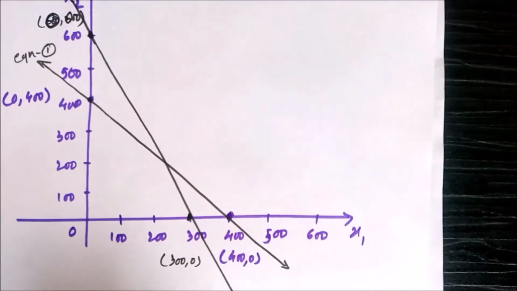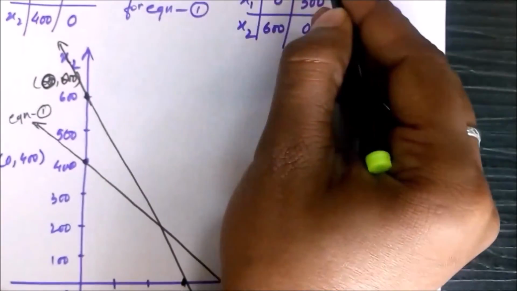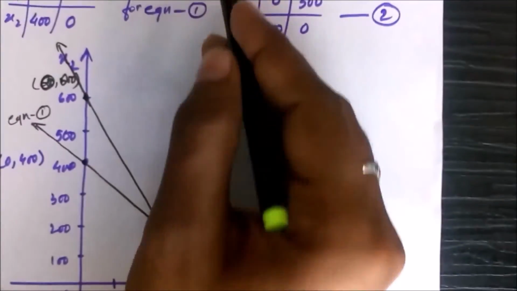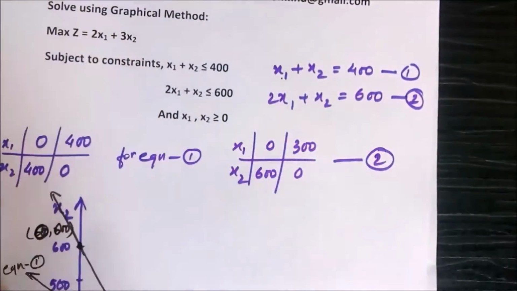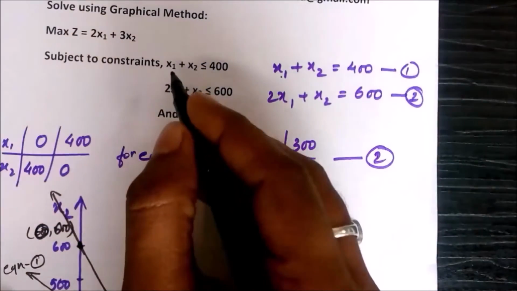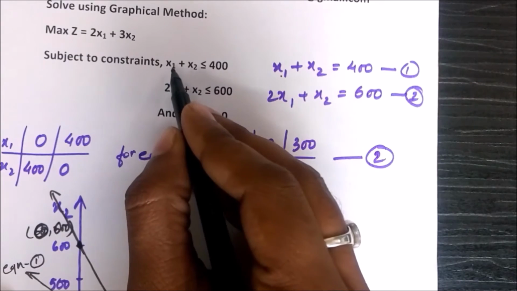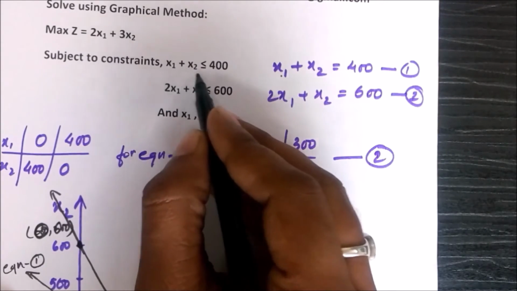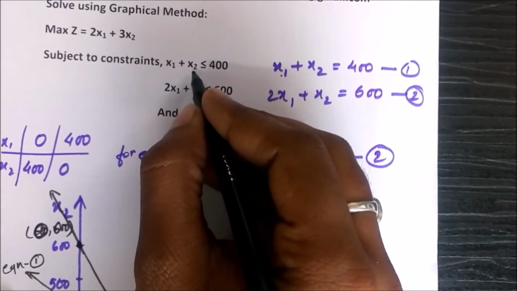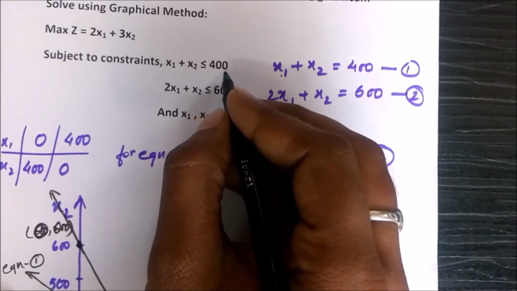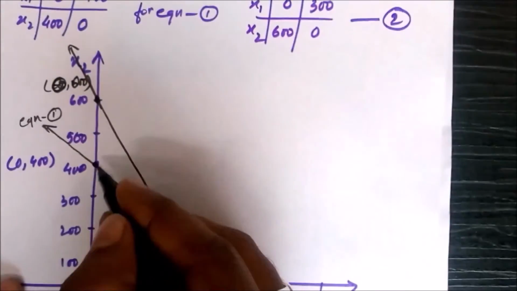Now for the feasible region, we will substitute 0, 0 into the inequations to see which region we can shade. I substitute the values of the origin and check whether it satisfies the inequation or not. Yes, 0 is less than or equal to 400. So for equation 1, the shaded region is downward.